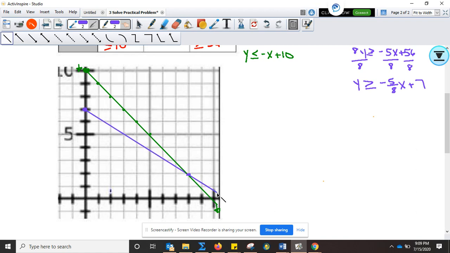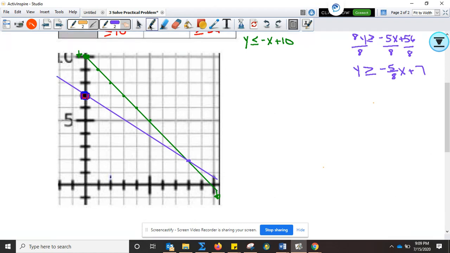All right. So on that equation, we want greater than or equal to. Okay, so we're going to be shading up here.